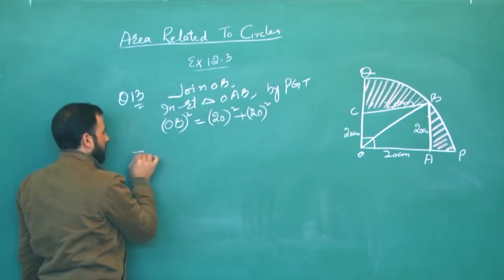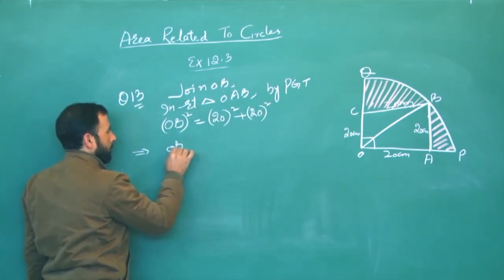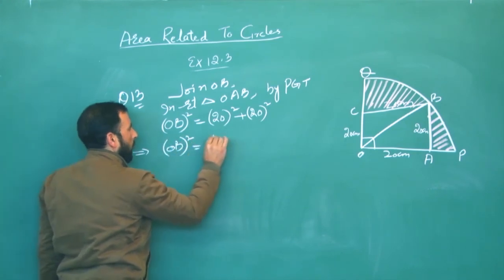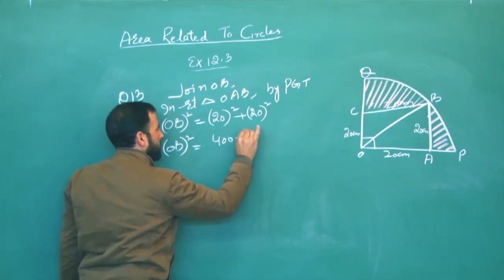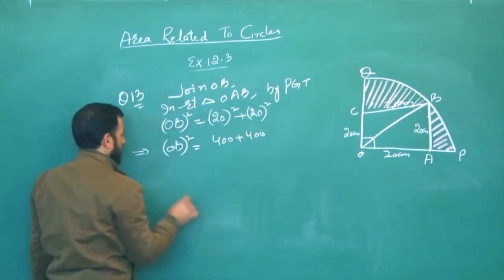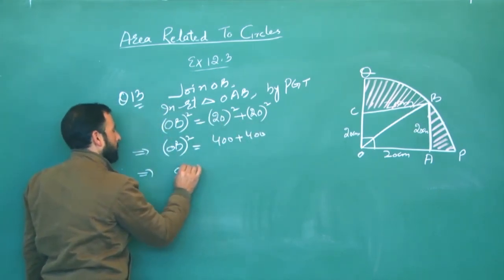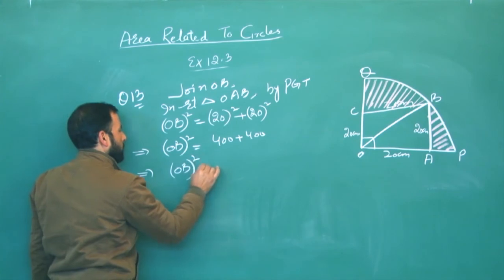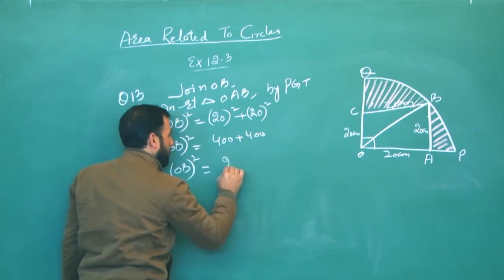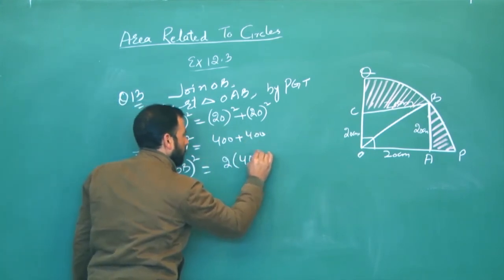So OB square is equal to 20 square plus 20 square, that is 400 plus 400, which can be written as 2 times 400.